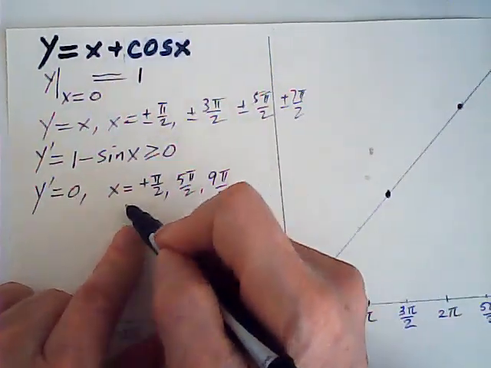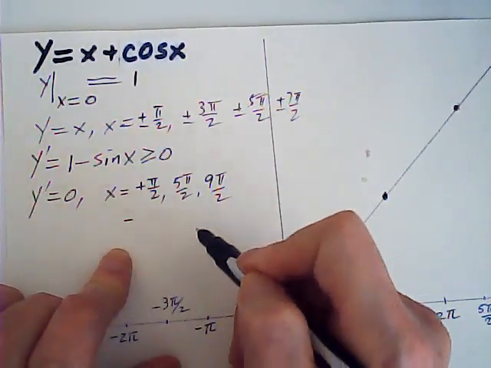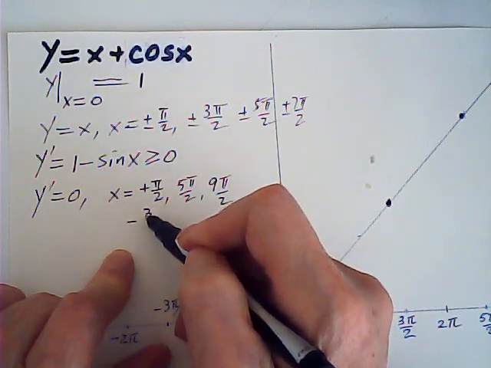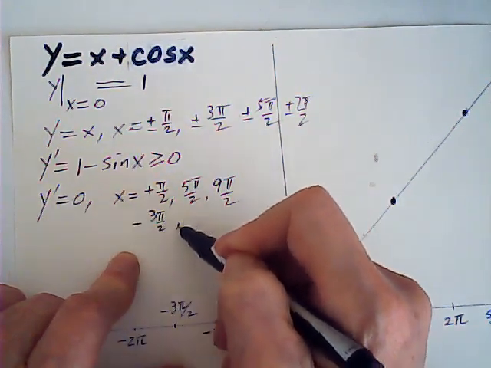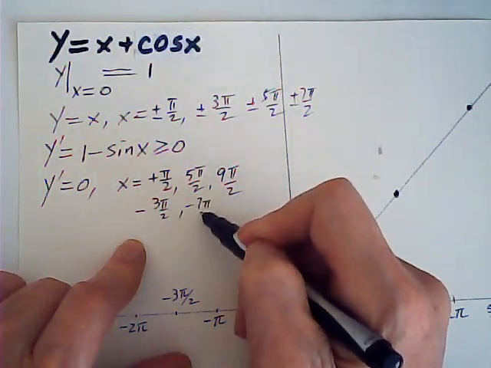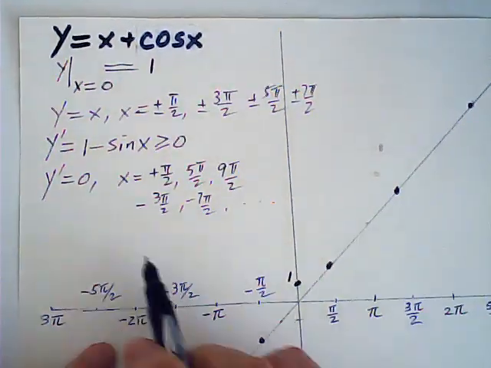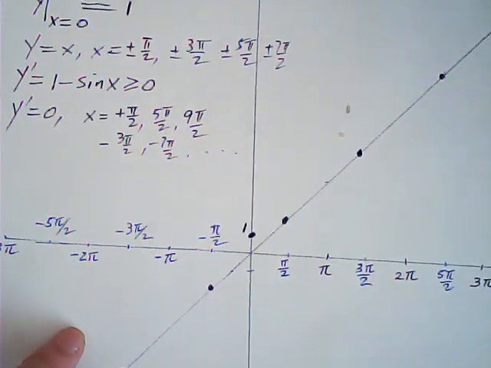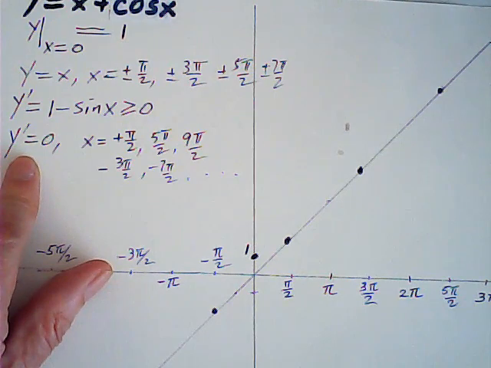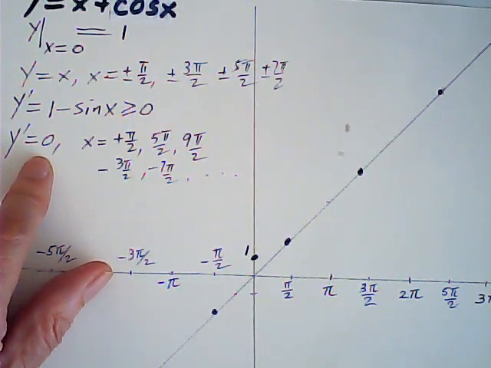For the negative side, negative 3 pi over 2, yeah, negative 7 pi over 2, and so on. At these points, the tangent at the point is 0.